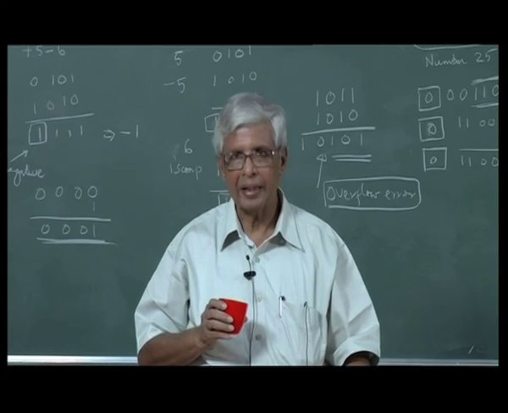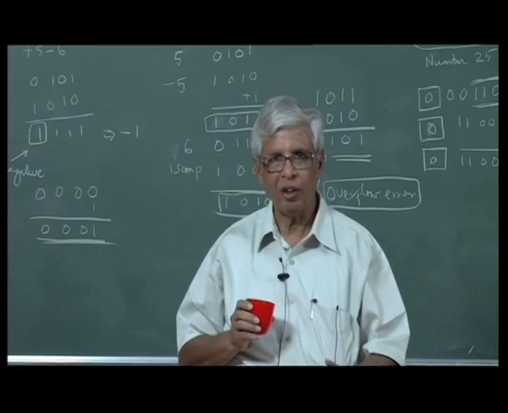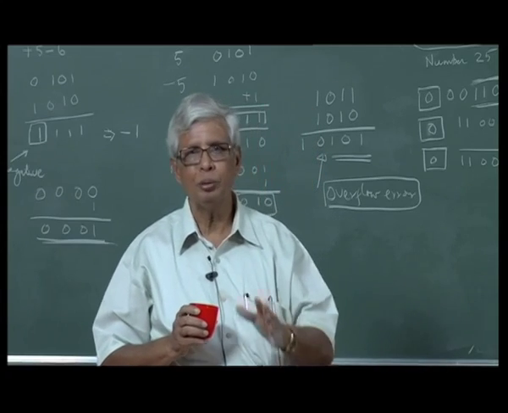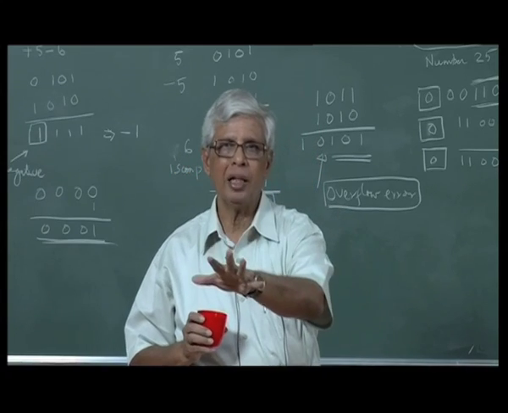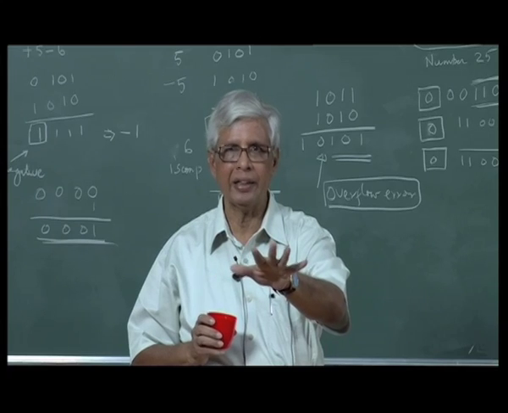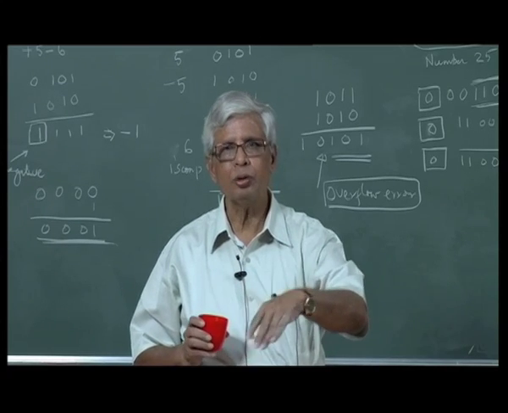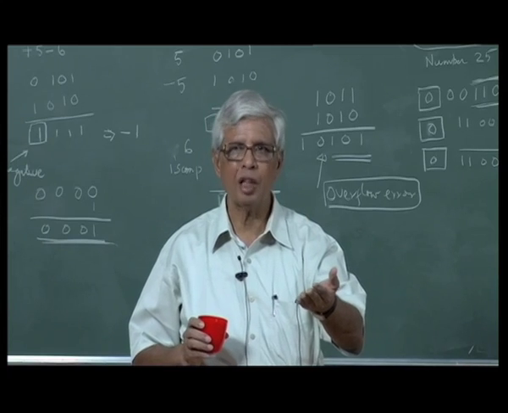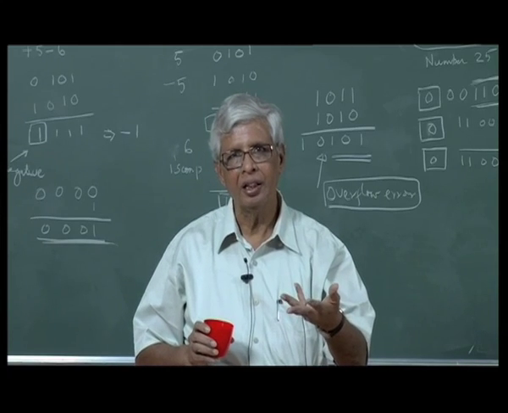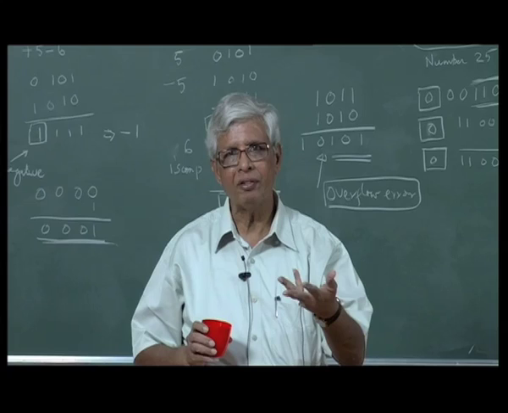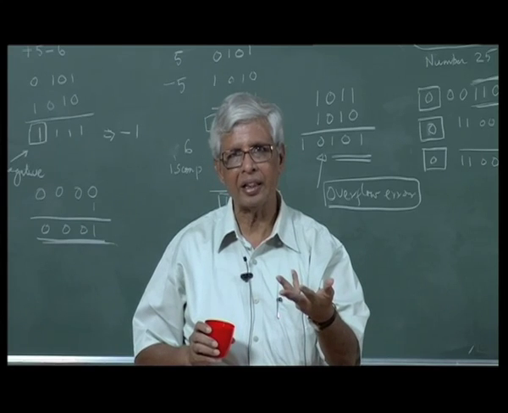You see, the fractional number you convert into integer and fractional parts in binary, right? That is the first step. Then you convert it to one's complement in the regular way. Where is the question of error there?